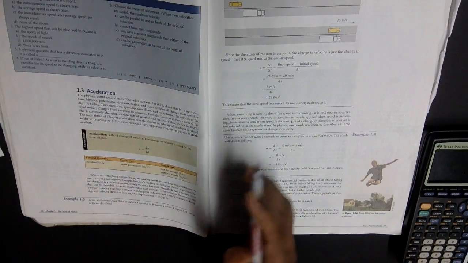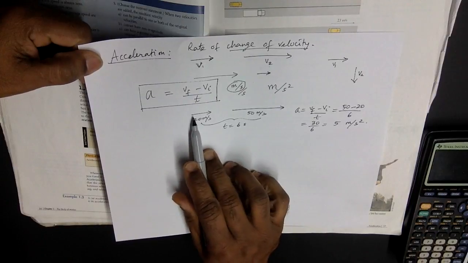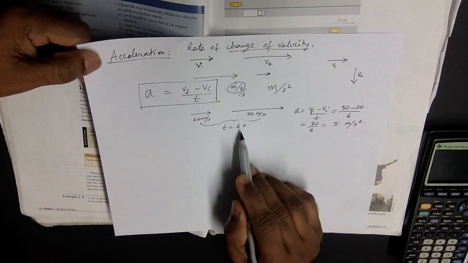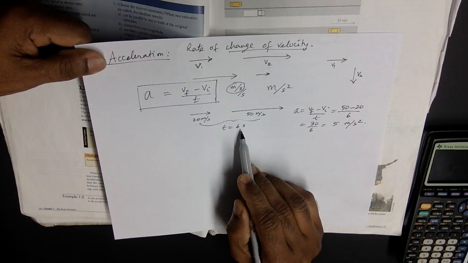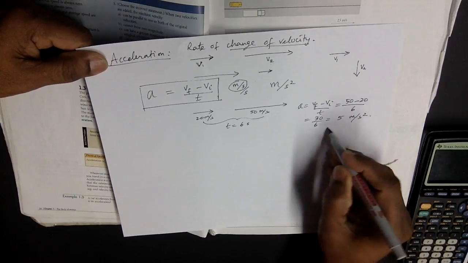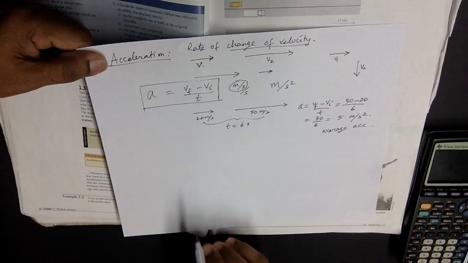If you do an overall change, like in this example, this was a velocity at time 0, and this is a velocity at time 6 seconds. So the overall change, 30 divided by 6, gives you the average acceleration.